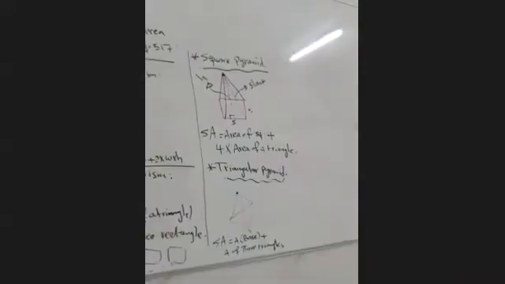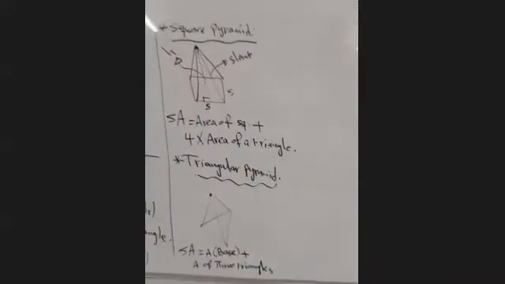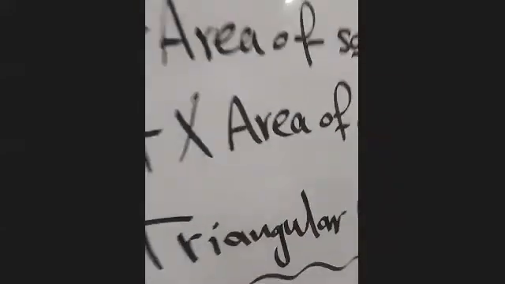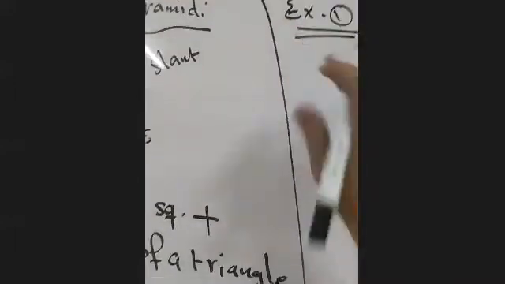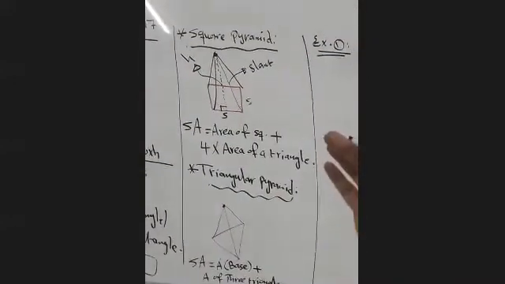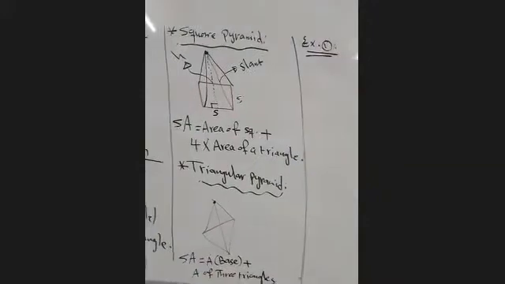Let's stick with this one, the square pyramid, and let's go directly to example 1, guys. Please focus. In example 1, we will find the net and the surface area. So let's go to example 1 together.